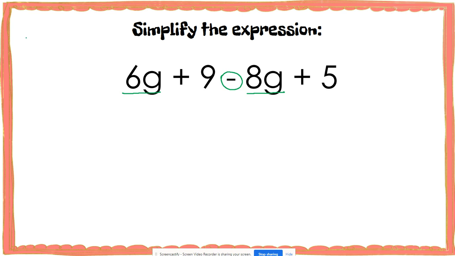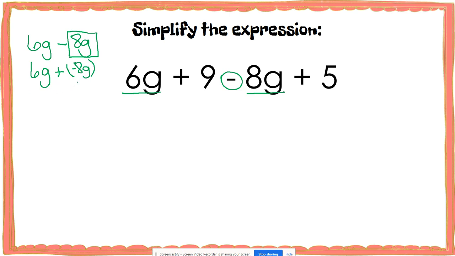So if I write it just the way that it's written, I see 6g minus 8g. Well, we remember that when we are subtracting with integers, we always change subtraction to an addition problem. So this really would be 6g plus, and then I need to find the opposite of 8g. The opposite of positive 8g is negative 8g. Now I would just add my terms.